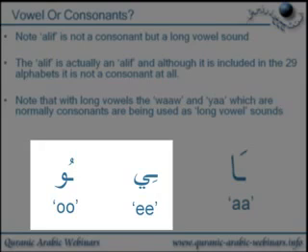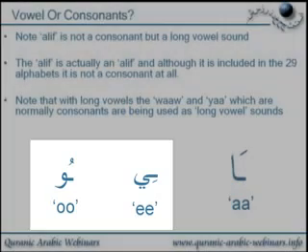They're helping to lengthen the sound of the previous sound. Okay, so the ya and the waaw play a double role in Arabic. They can sometimes act as consonants, they can sometimes act as long vowels. So if they have a sakin or they have no marking at all, they're normally acting as long vowels.